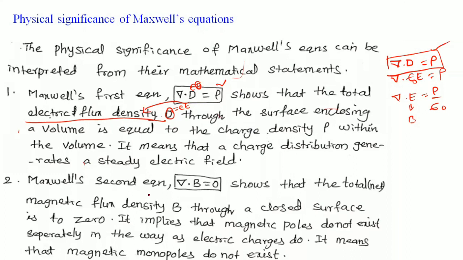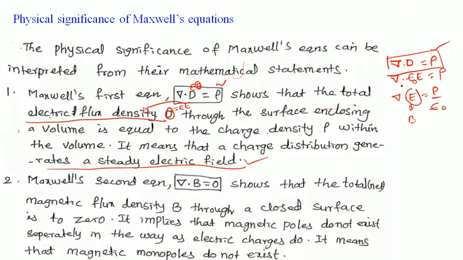You clearly observe the physical significance of the first equation. It generates a steady electric field. This is the physical significance. So what is E? Electric field intensity, in static or steady conditions, at rest. The study of charge at rest is called electrostatics or static electricity.